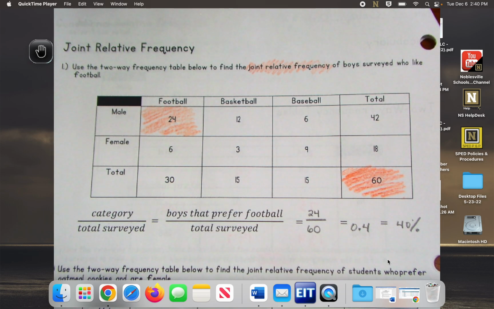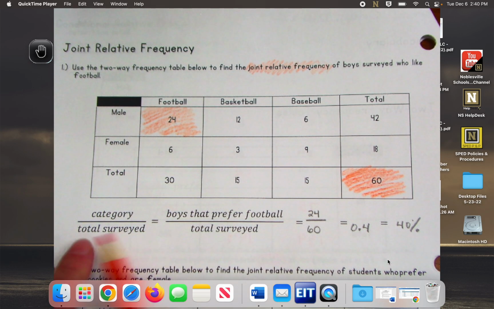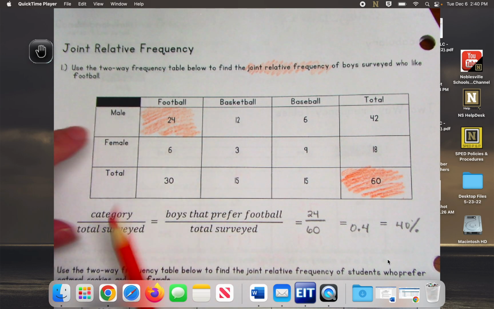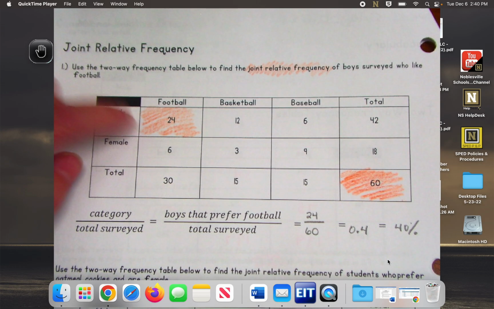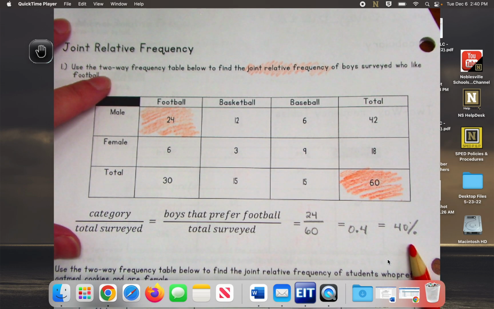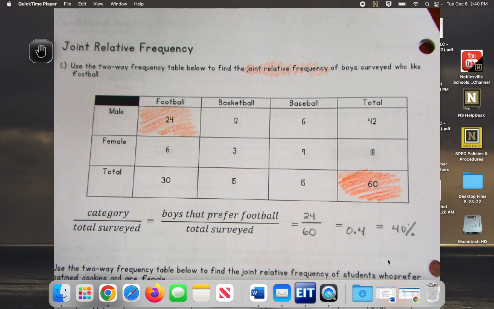Mason? 60. Well, I was like, why would it be 24 over 60? Just boys. Because you have to find it out of everybody surveyed, right? Total surveyed. So even though we're surveying boys and girls, I just want to know how many boys preferred football. So I could say 40% of everybody surveyed was a boy who prefers football, right?